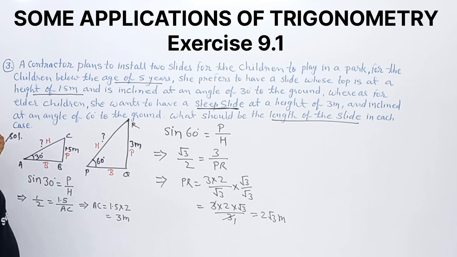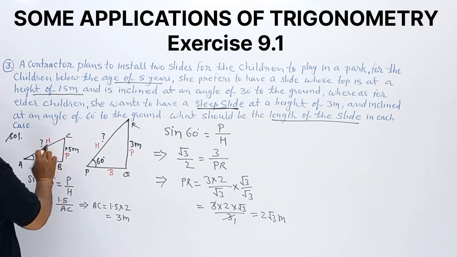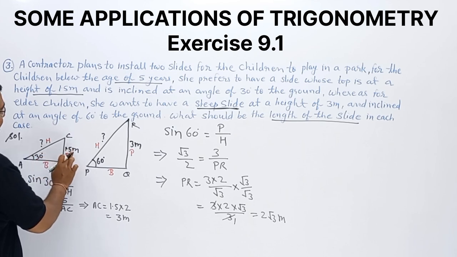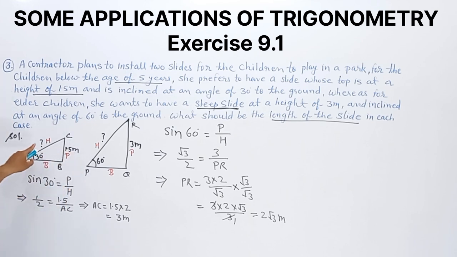So what will be the length of this slide? How will we find it? We are having one angle and one side, so we will use trigonometric ratios. We require the hypotenuse. We have the perpendicular, so we use sine theta equal to perpendicular upon hypotenuse. We will put the values, and finally we obtain the hypotenuse.